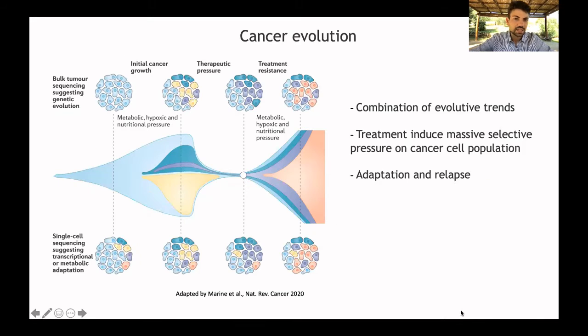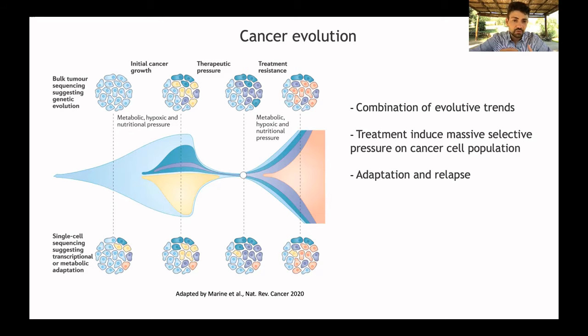This is because cancer is a very heterogeneous disease which evolves with a combination of evolutive trends spanning from neutral evolution, Darwinian evolution, or Lamarckian evolution. Data from bulk tumor sequencing suggests a genetic evolution. Single-cell sequencing suggests metabolic or transcriptional adaptation to the environment.